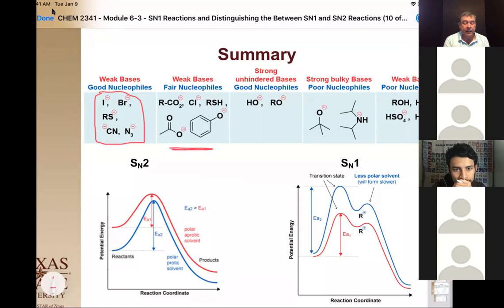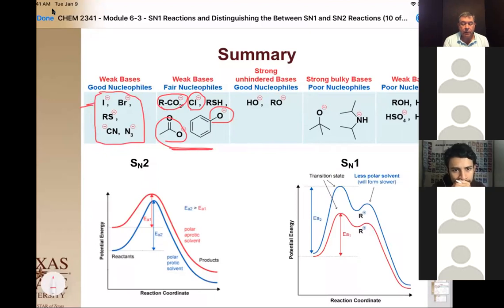Now in the case of this, we have a less stabilized negative charge and not as acidic as these, so it's still a weak base. Here we have a delocalized negative charge, a delocalized negative charge, and a delocalized negative charge because of conjugation, right? That's why they're weaker nucleophiles, okay? And if we protonated them, they would be fairly acidic, okay?